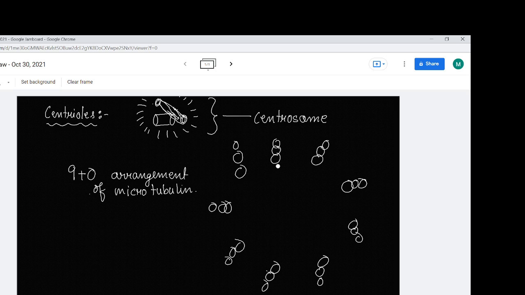And they will all be attached to the center with the help of certain fibers, like this. And then we will also find that the alpha is joined to the gamma with a separate arm.